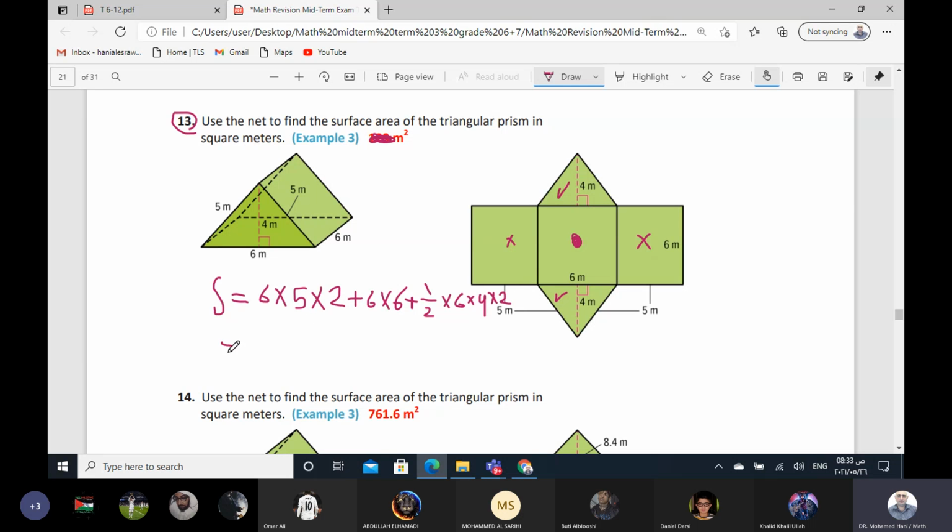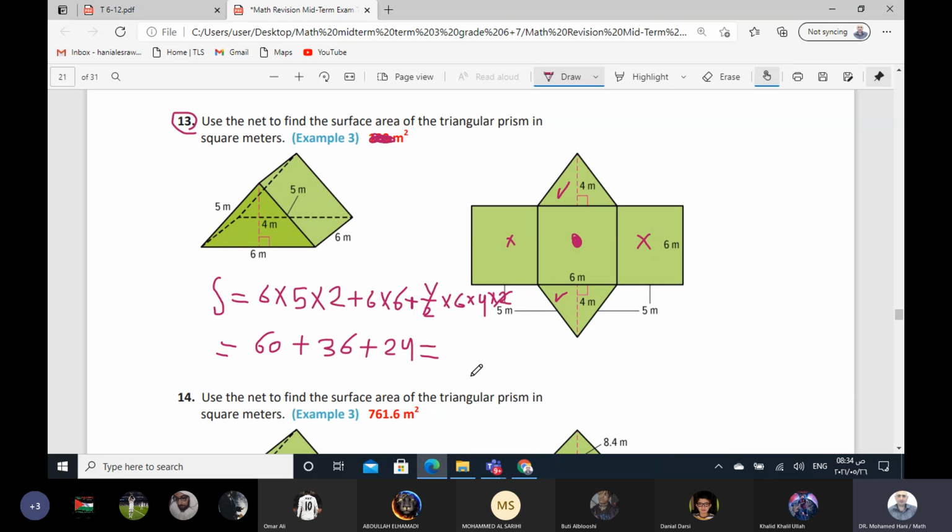We can find the answer now. 6 times 5, 30. 30 times 2 will be 60. Plus 36, 6 times 6 will be 36. Plus 2 times 1 over 2 will be 1. It means here 6 times 4 will be 24.